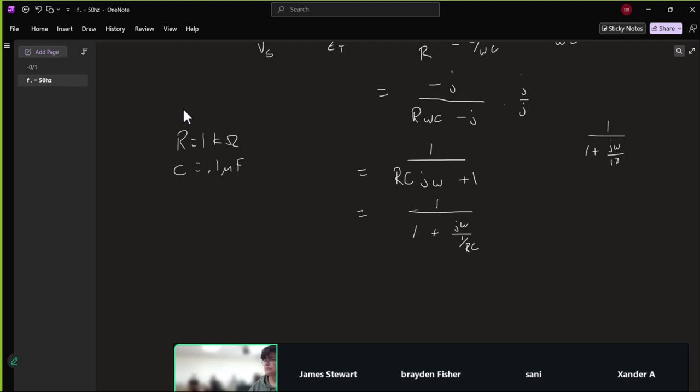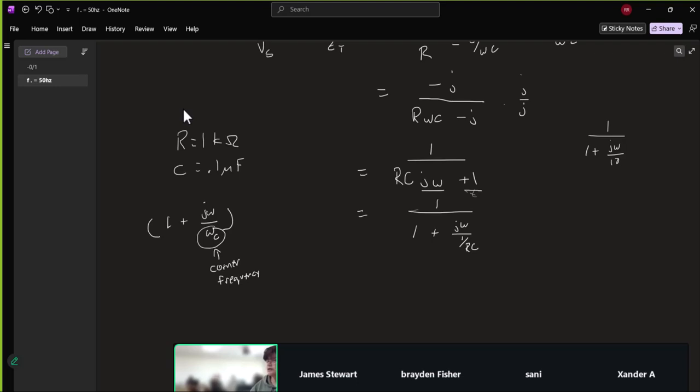We want our factors to be in the form 1 plus J omega over omega c, where this is called a corner frequency. We just need to get our constant in the denominator.